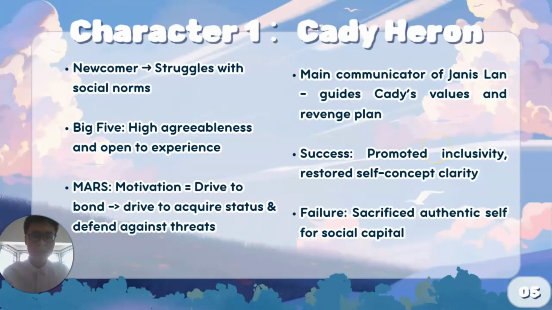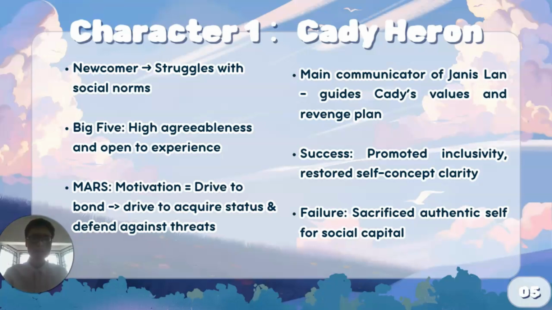Hi, my name is Shi Jong King. Now I will analyze one of the characters, Cady Heron. She begins as a newcomer with a clear self-concept shaped by her upbringing.